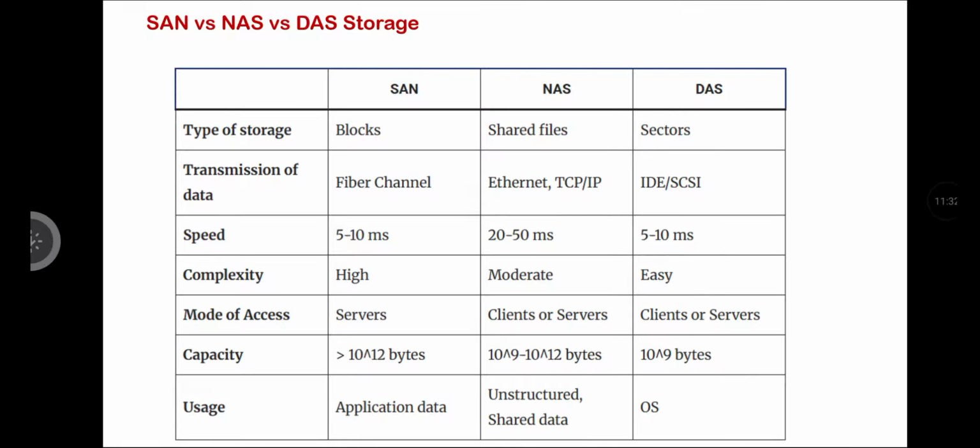Mode of access: servers in SAN, clients or servers in NAS, and clients or servers in DAS. Capacity: 10 to the power 12 bytes for SAN and NAS versus 10 to the power 9 bytes for DAS.